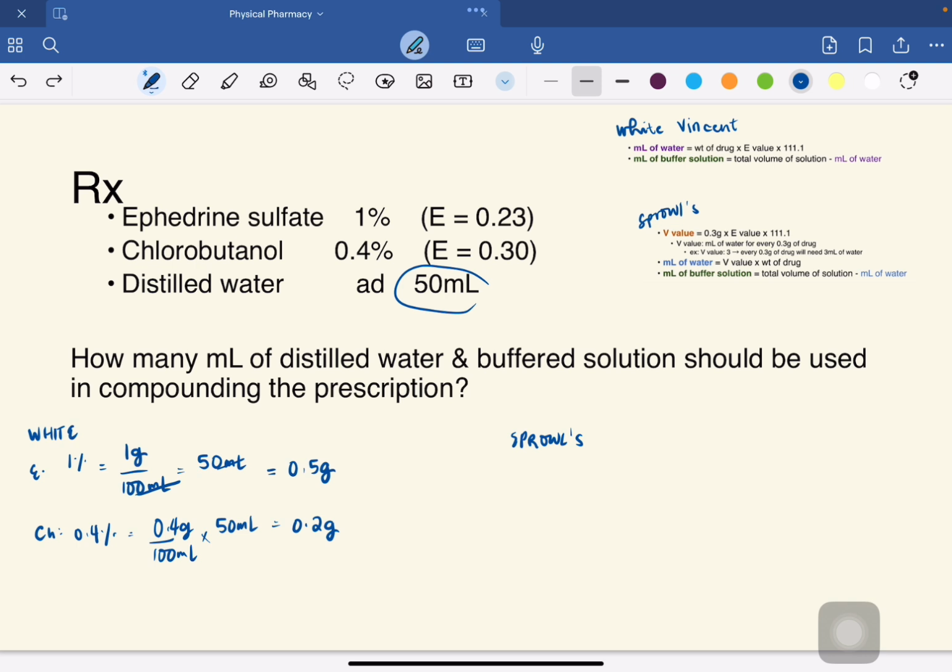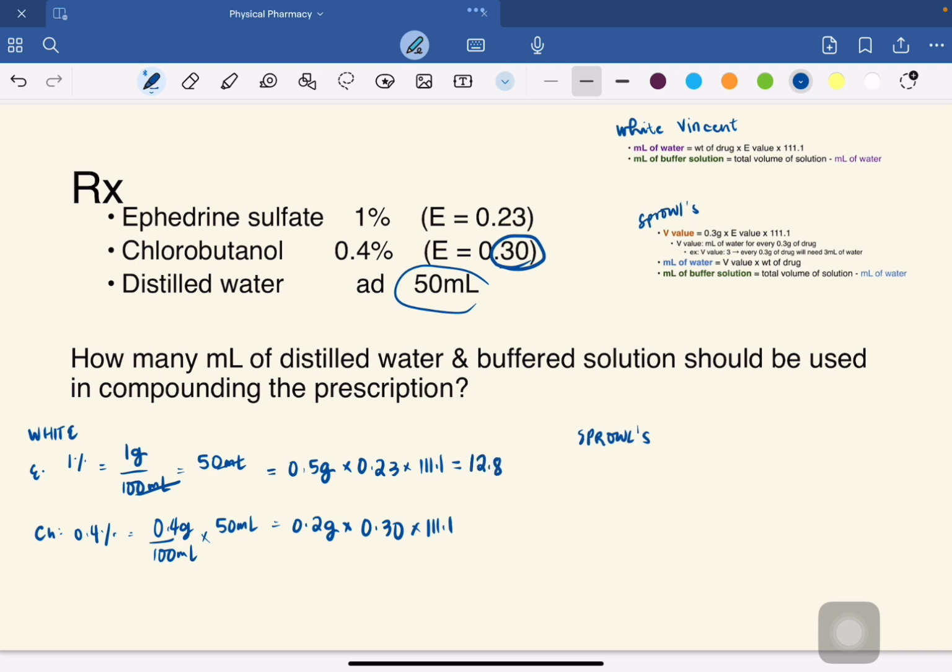So 0.5 grams times 0.23 times 111.1, tapos 0.2 grams times 0.30, the e-value of your chlorobutanol, times 111.1. So the answer to this is 12.83. So round up natin to 12.8.